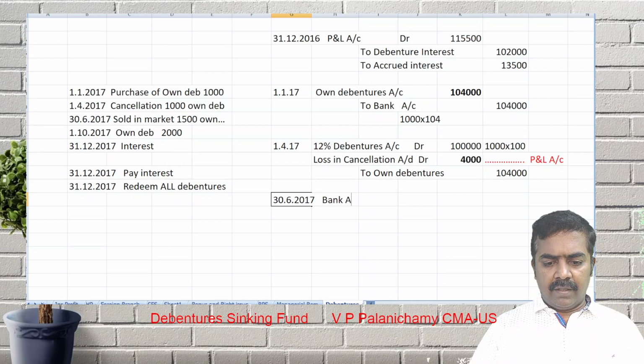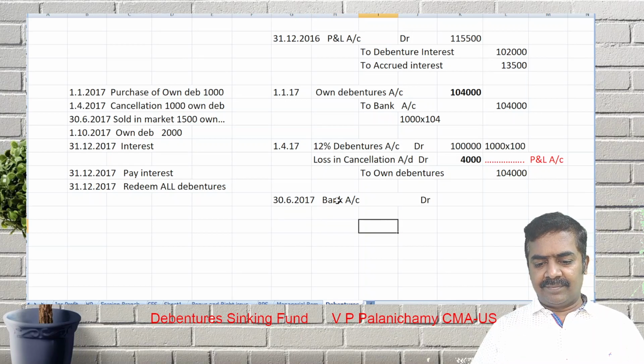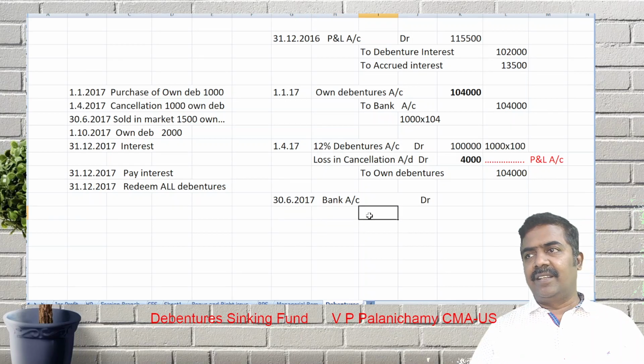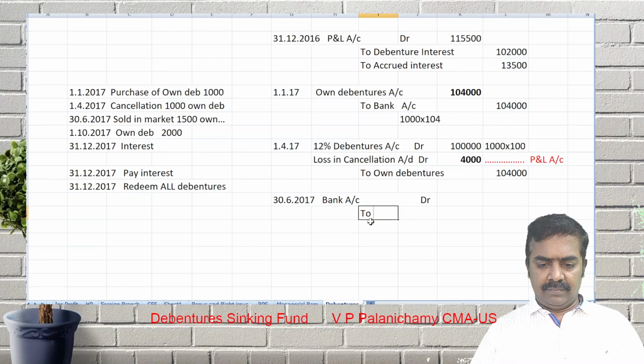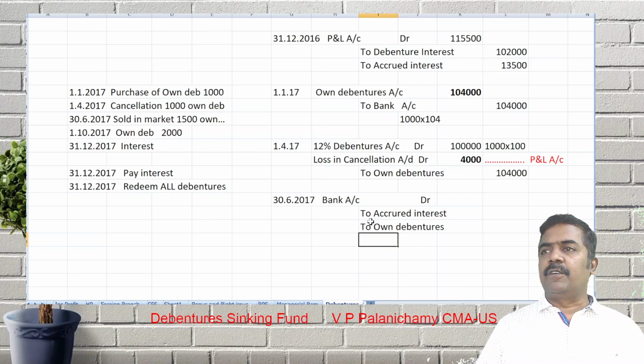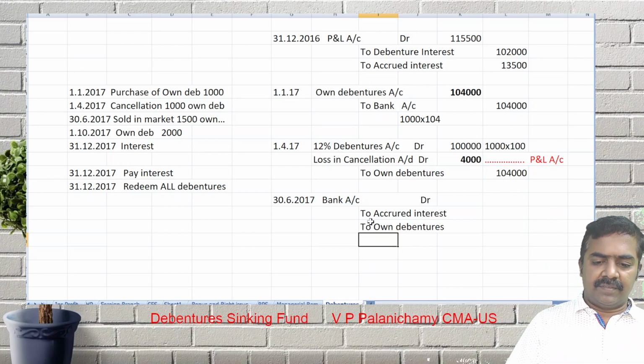Entry will be bank account debit, to accrued interest, to own debentures. Balancing figure will maybe profit or loss on cancellation.